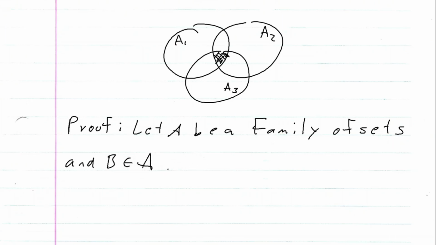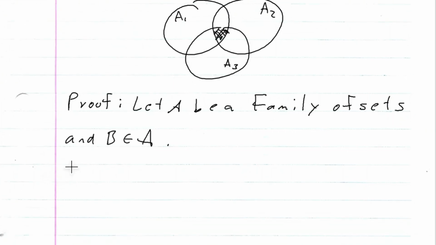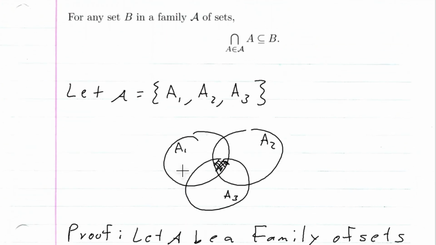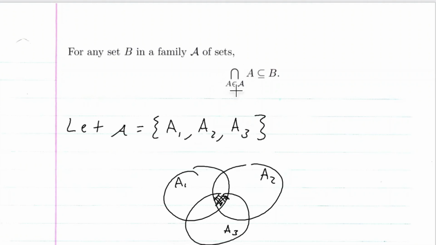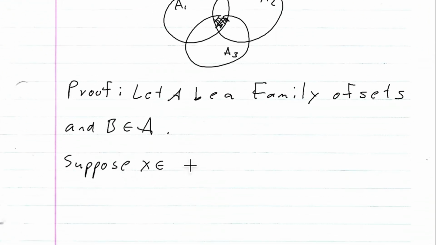So we're going to suppose X is an element of this intersection right here, the intersection of every set A contained in the family of the A's. Okay, so we're going to let X be an element of that.